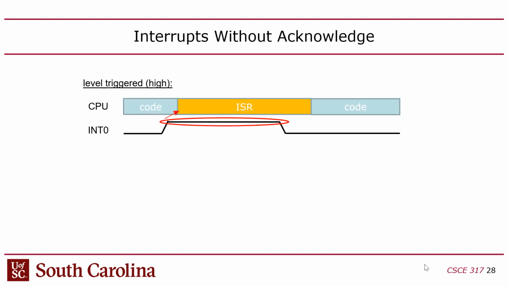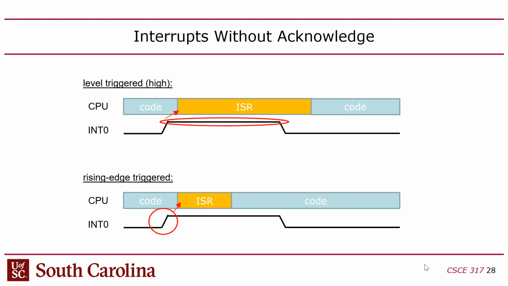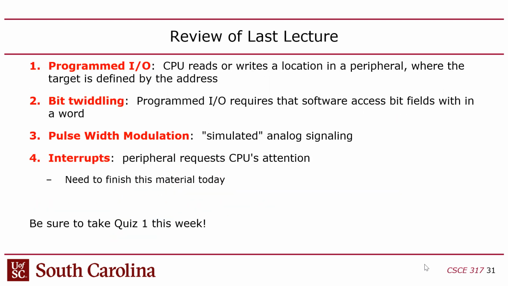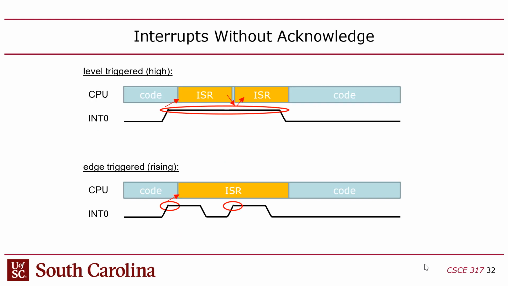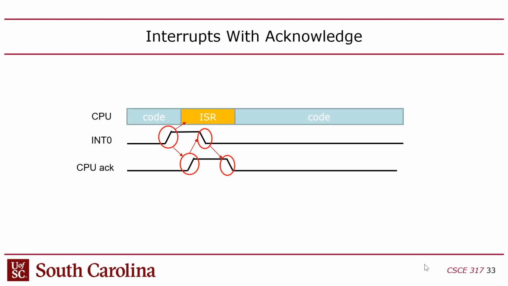So we talked about different ways the interrupts can be set up. There's level triggered, which respond to the level of the interrupt signal, edge triggered, which respond to the edge of the interrupt signal, and we also talked about acknowledgement mechanisms where you can have a signal from the CPU back to the interrupt sender that tells it, okay, I see your interrupt, chill, I'm getting to it.